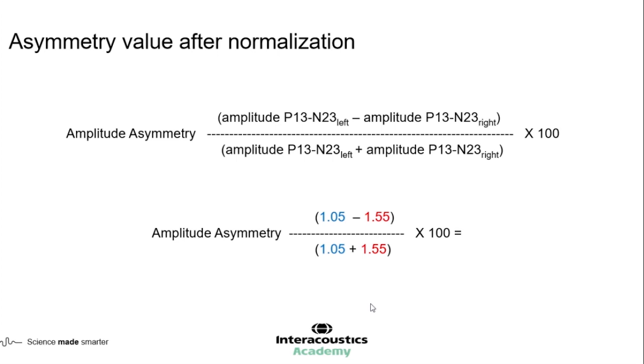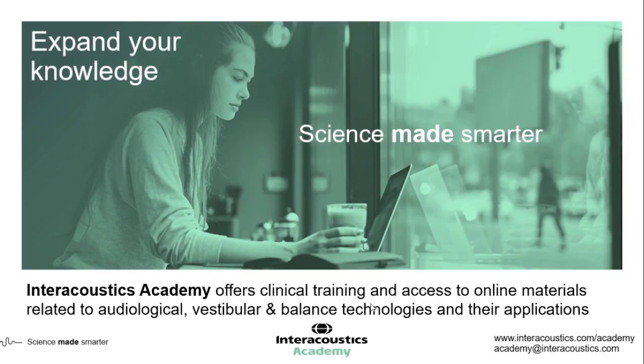Again, we can then compare those, as we did previously, but with normalized values. And suddenly we see that actually the asymmetry between the two, when we take EMG into account, is 19%, so well within the normal range. So that's another key aspect: normalizing using EMG activity is critical for VEMP, particularly cervical VEMP.